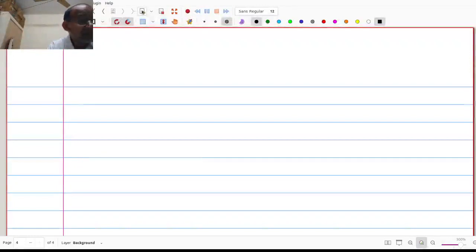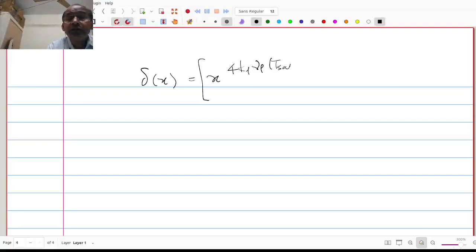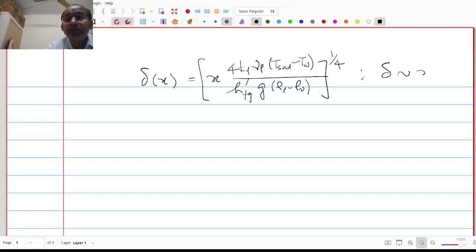So delta of x, you can verify this integration, is equal to x multiplied by 4 KL mu L into Tsat minus Twall divided by hfg prime into G into rho L minus rho V, whole thing raised to the power of 1 by 4. So it tells me delta is of the order of x raised to the power of 1 by 4.